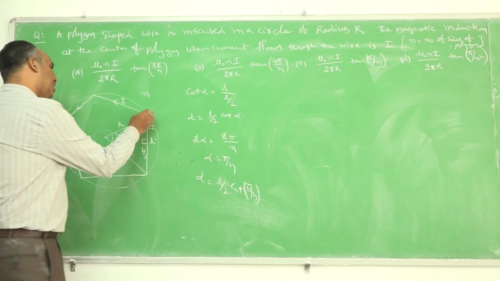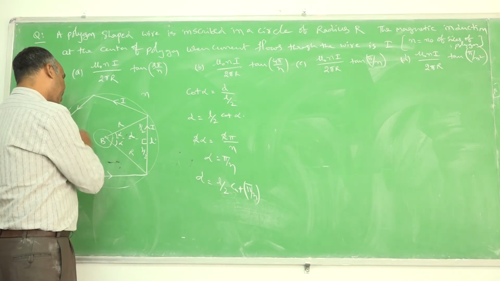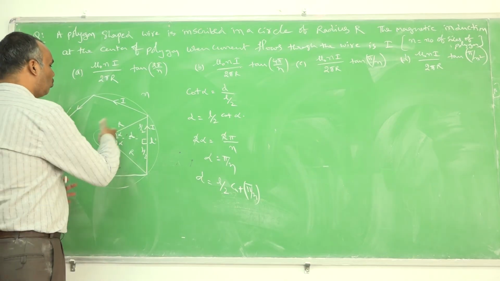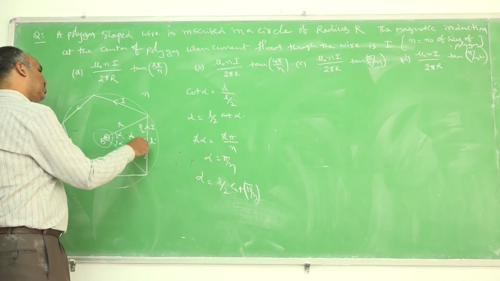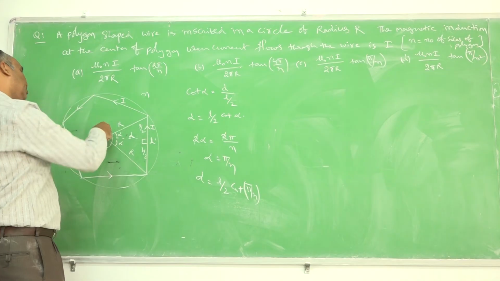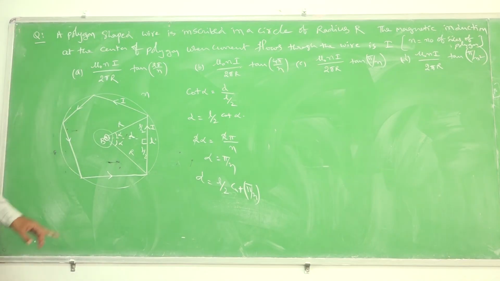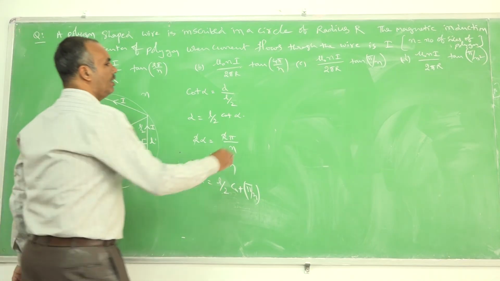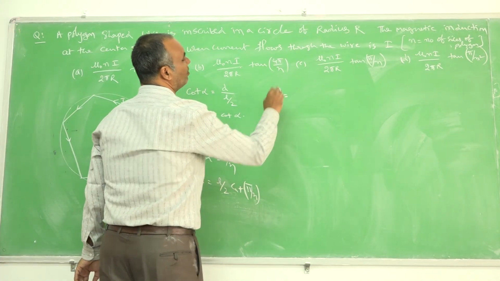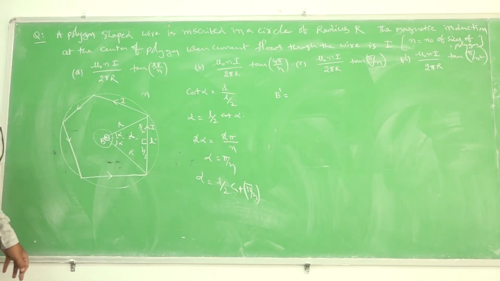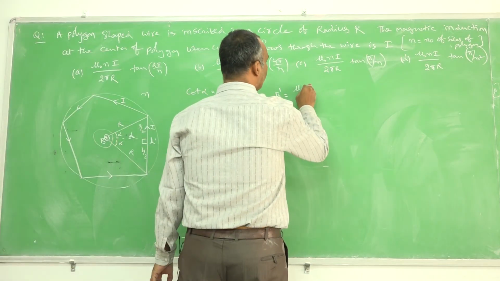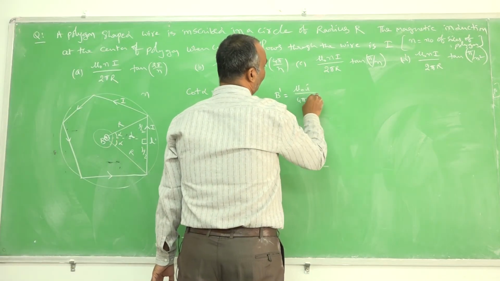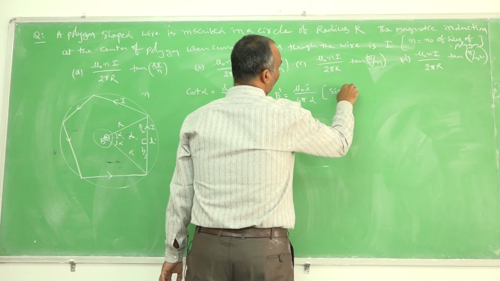Because of this current carrying wire, if you want the magnetic field here, the magnetic field is out of the paper. Not only because of this side, with every side, the magnetic field is out of the paper. With respect to a single side, the magnetic field is given by mu naught I by 4 pi d into (sin alpha plus sin beta).